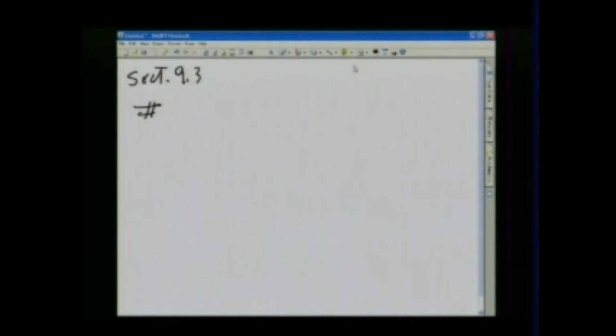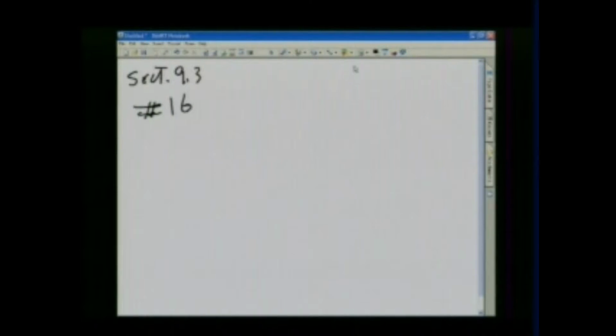Exercise number 16. Again, I want to remind you that the answers to the odd number problems are given to you, the complete answer, so you can study those separately. Number 16 says use the four-step process to find the slope of the tangent line to the graph of the given function at any point.